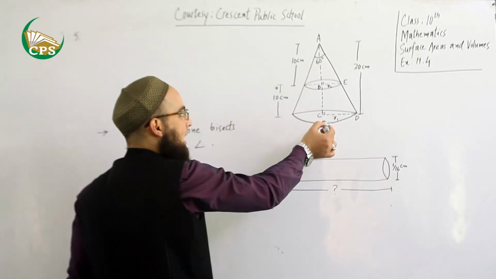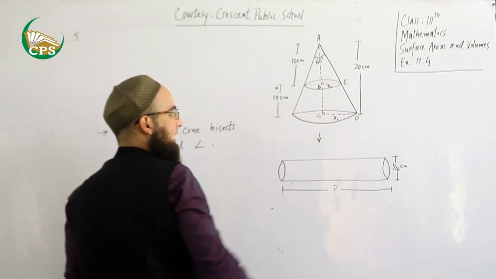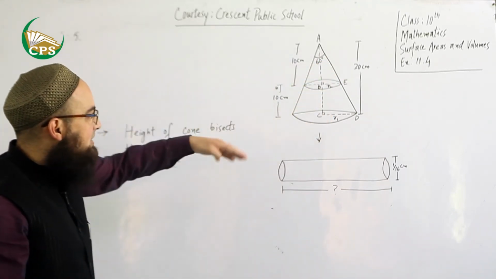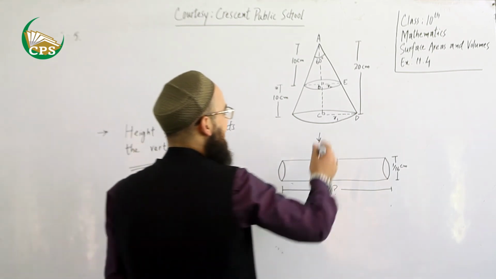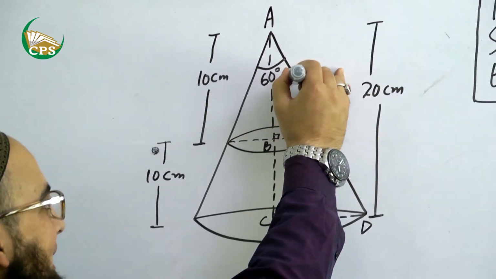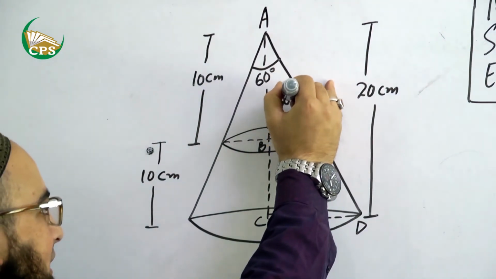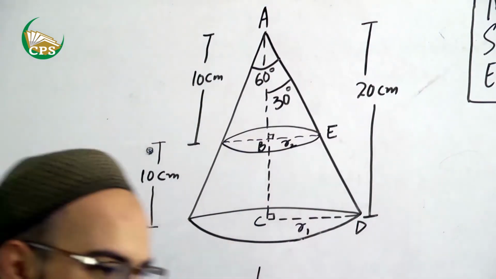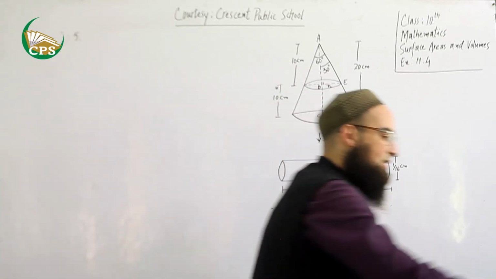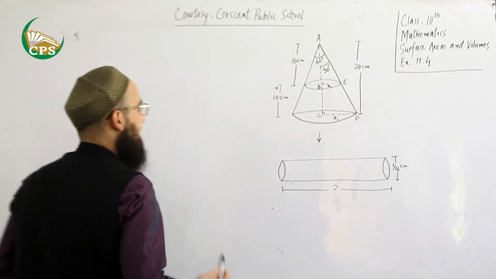Since AC is the height and this angle is the vertical angle, height bisects the vertical angle. That means this angle would be 30 degree. Got that one? Now let us use some trigonometry here.